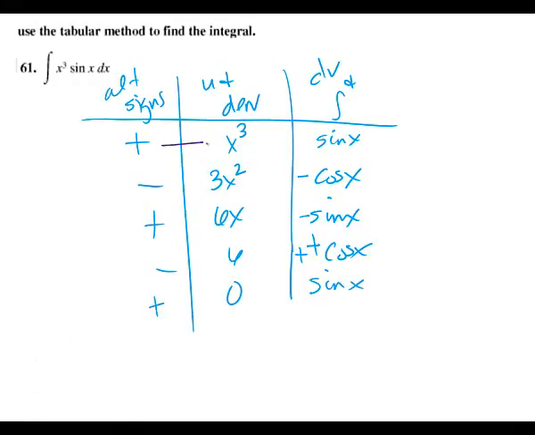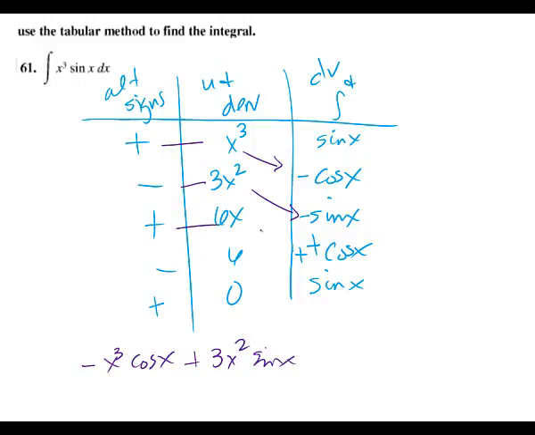So we're going to go across and then down. Now remember we're multiplying, so I'm seeing negative x cubed cosine x because of the negative right here. Then going across and then down, a negative times a negative is positive 3x squared sine x.